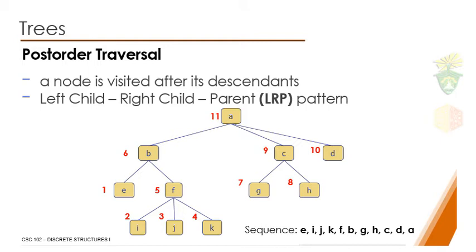No, and it takes the LRP pattern or the left, right, child, parent. No? So, since last ang parent, meaning, baliktad po sila ni pre-order, so sa post-order, pinaka-last ma-visit si pinaka-parent. That's the root. Okay?